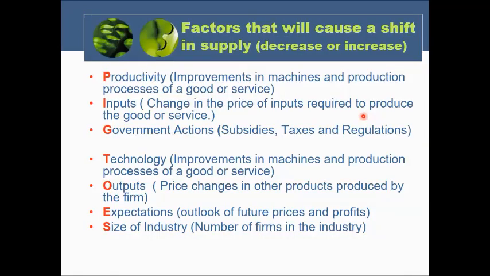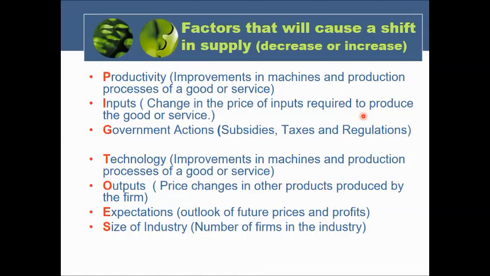So there are factors that will cause a shift in supply, or a shifting of the supply curve, either decrease or increase. First we have the productivity. There is a shifting of the supply because of the productivity based on the improvement in machine and production processes of goods and service.